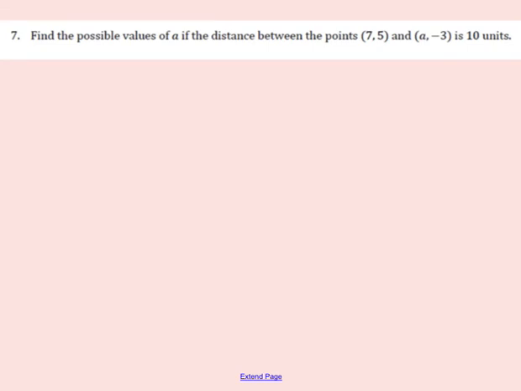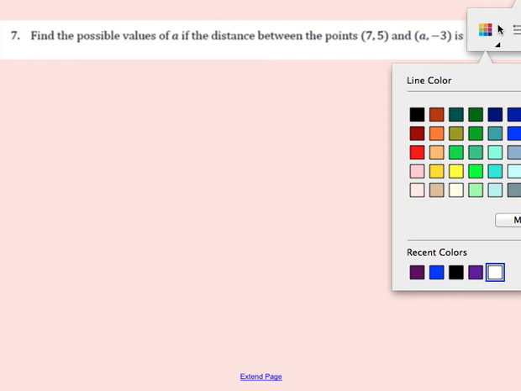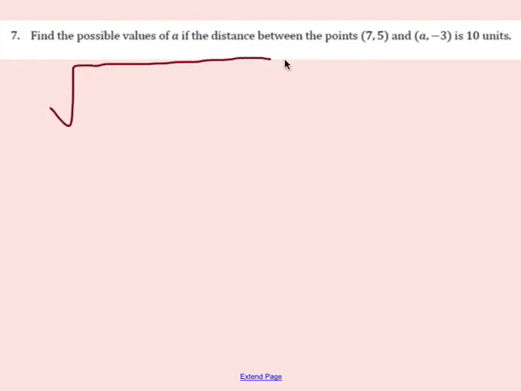So let's take a look at some more in-depth problems. Find the possible values of a if the distance between the 2 points is 10 units. We're going to do x2 minus x1 quantity squared plus y2 minus y1 quantity squared, and that's equal to 10.